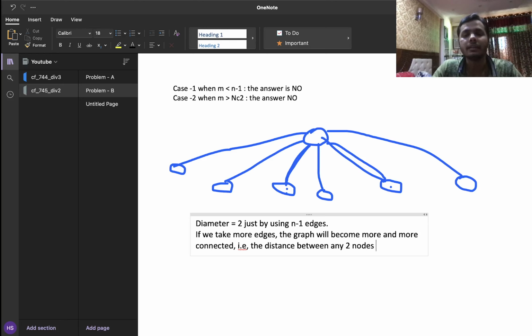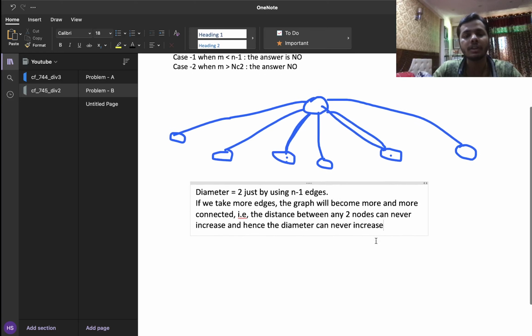It can only decrease. So the distance between any two nodes can never increase, and hence the diameter can never increase. And we already have a graph with diameter 2, so the diameter can either be 2 or 1. So that is the critical observation in this problem.